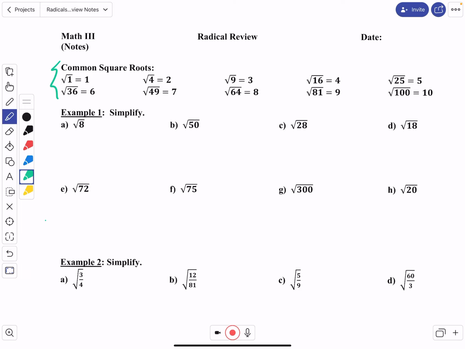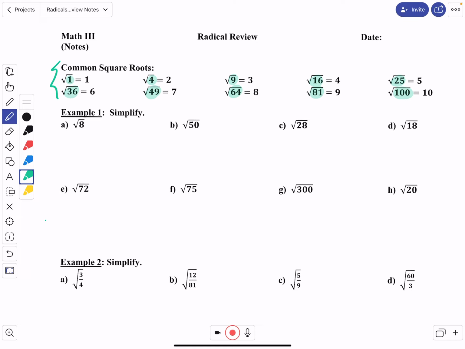Obviously 1 goes into 8, so we don't really use that, but does 4 go into 8? 9's obviously too big. Every time, you're focusing on whether these numbers go into the number in the radical. And that's how we break it down.